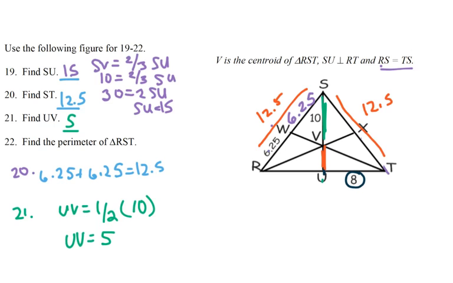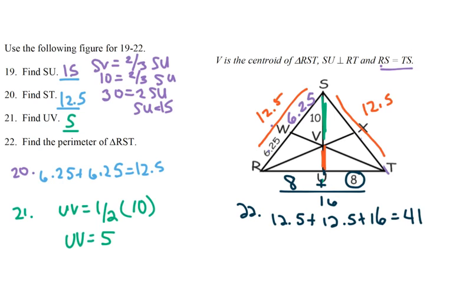So if this is 8, then RU is 8. We combine these together and add them to get 16. So for number 22, I take 12.5 plus 12.5 plus 16 and get 41 as my answer.